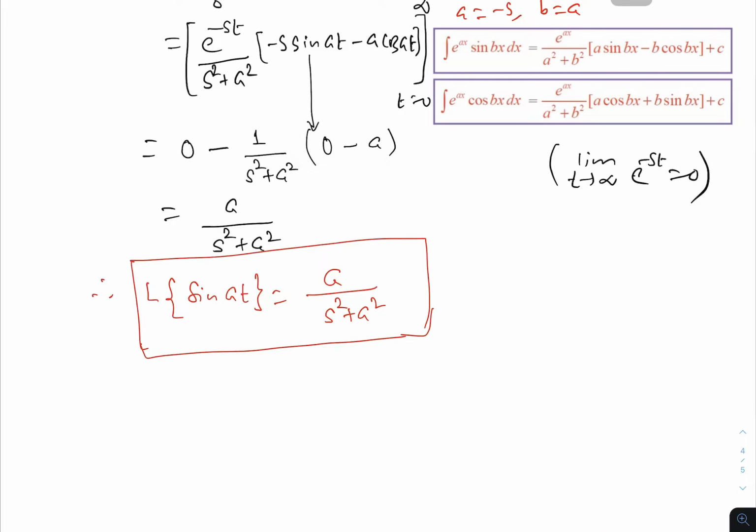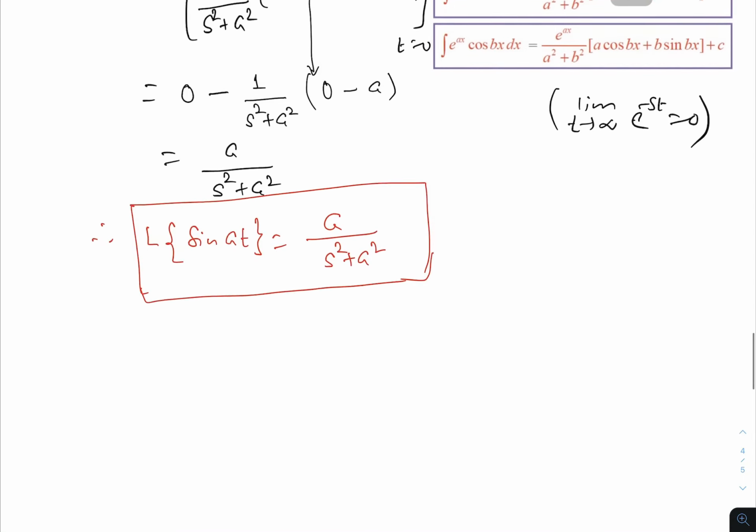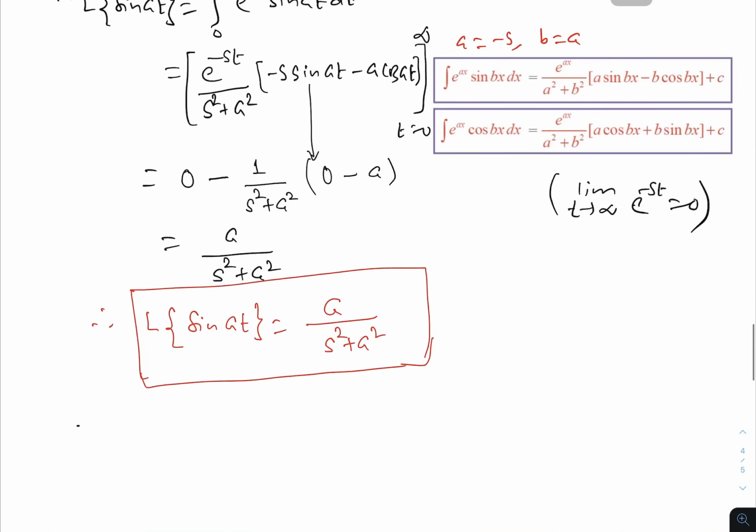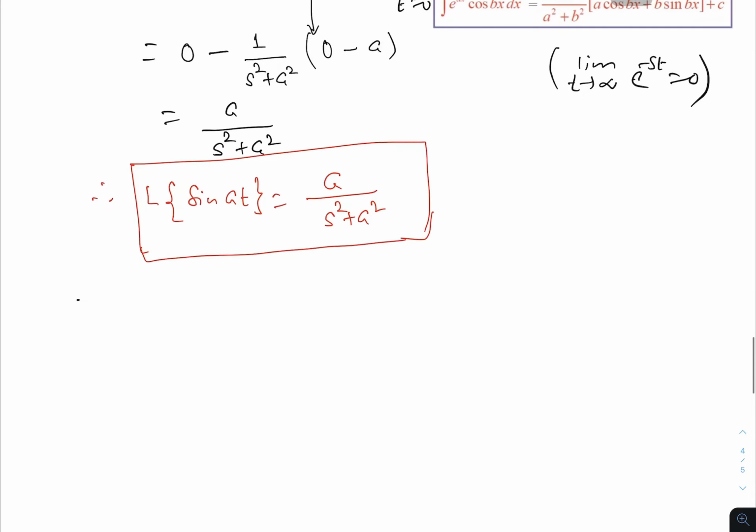Let us find the Laplace transformation of cosine at. Again we can use the formula. So f(t) equal to cosine at.